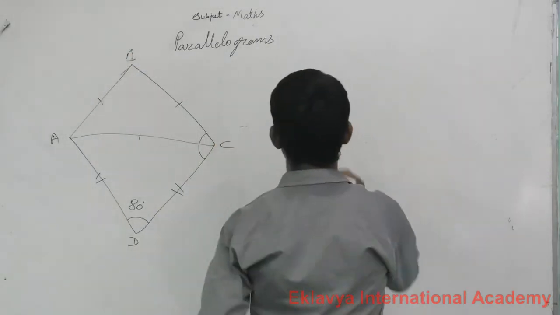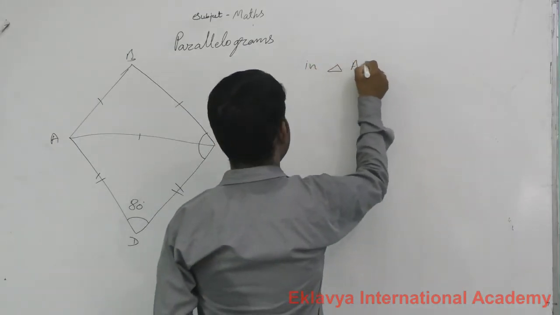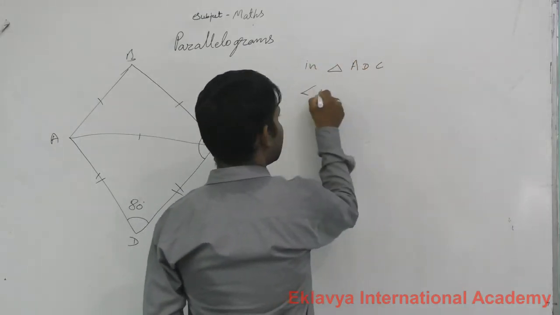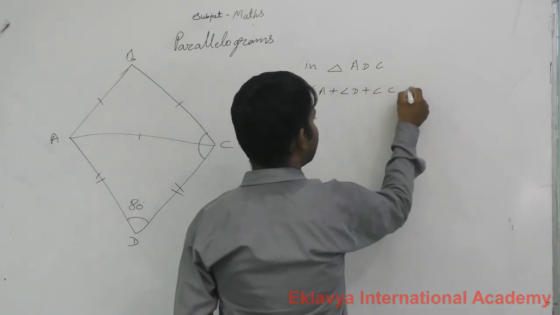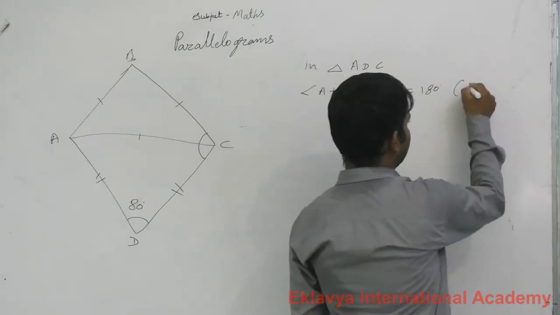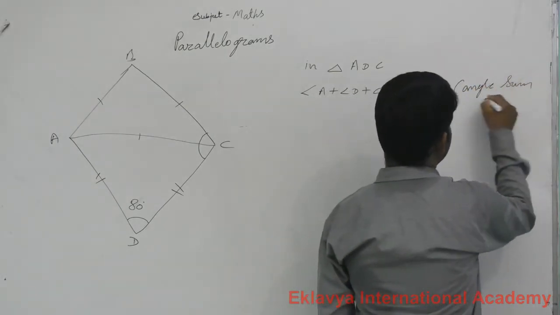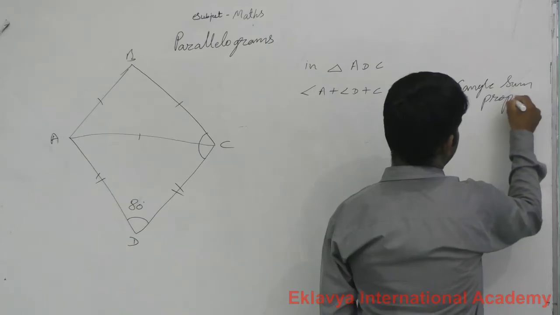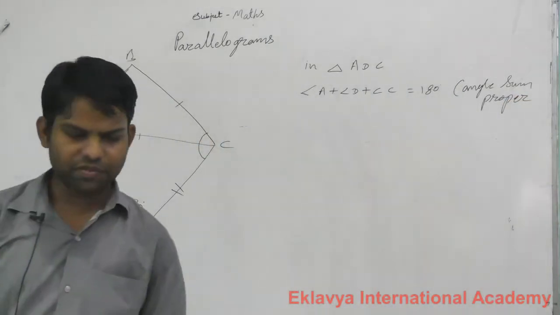So first we will see in triangle ADC, angle A plus angle D plus angle C is equal to 180 degrees. Angle sum property. What does it say?